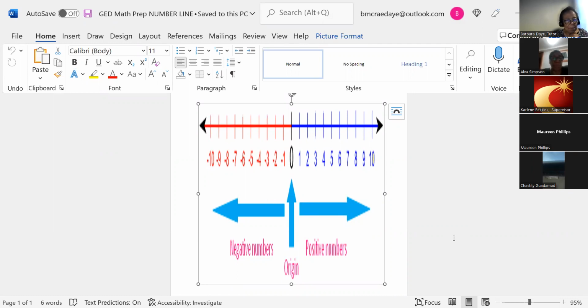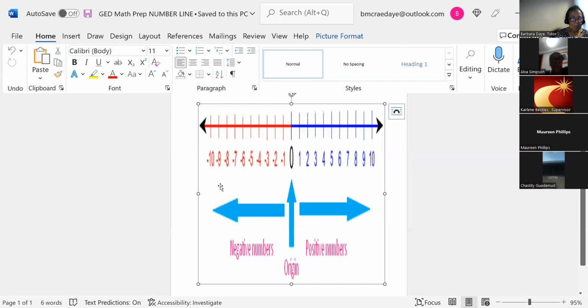But the number line can have 0 in the middle with negative and positive numbers. Positive numbers are on the right, and negative numbers on my left. Now, which direction do my numbers get bigger, Alba? From left to right or right to left?